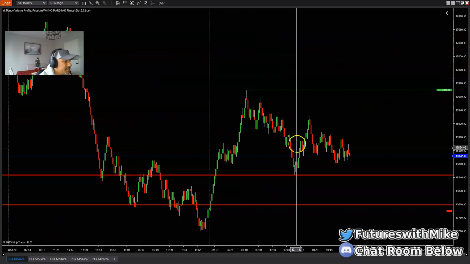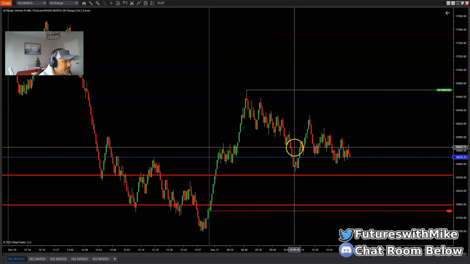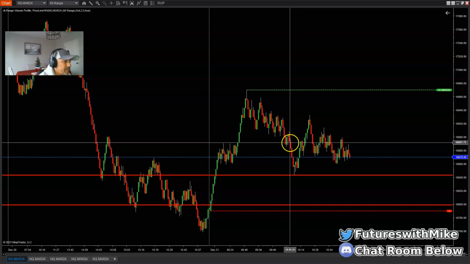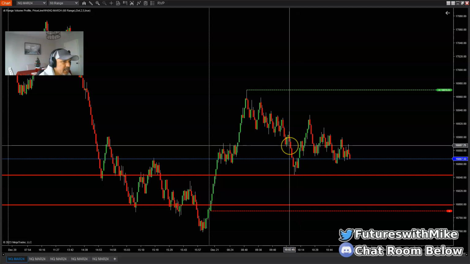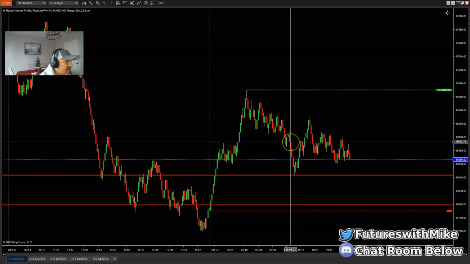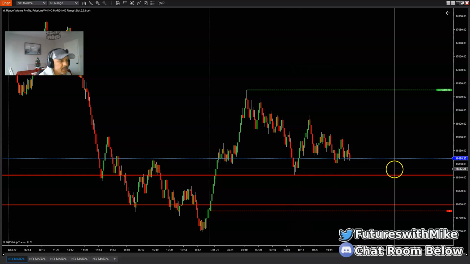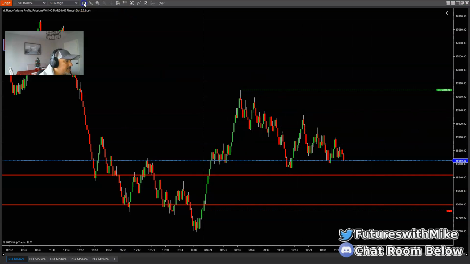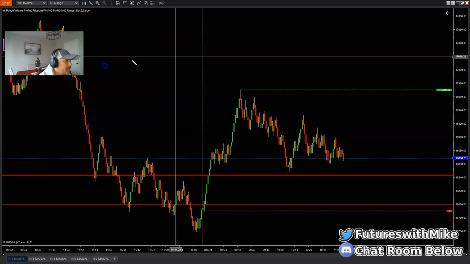Maybe look for rejection there, take a long. I would aim for back up to this area up here, somewhere between 887 and 888, 890, somewhere around there. But trying to see what we're doing right now because we're in this wedge and can't see it.